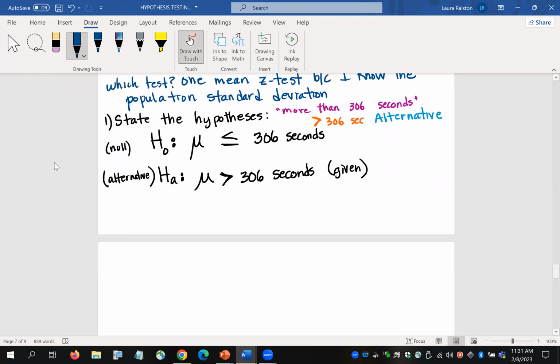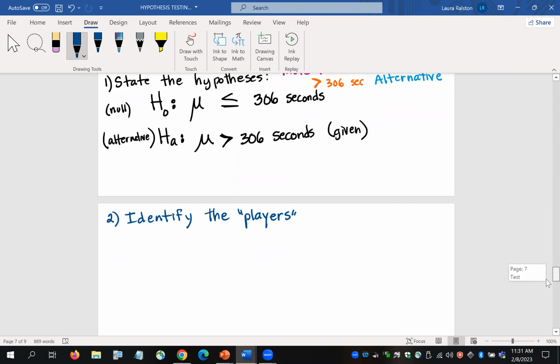Then step 2, we identify the players. I have to identify the 5 pieces of information that I need to work the problem.